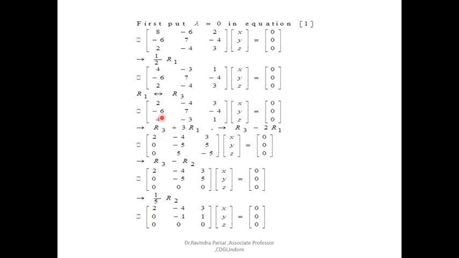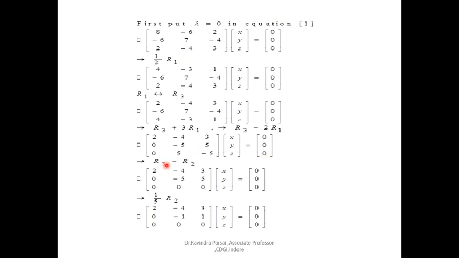Now our objective is to make the elements below the pivot 0. Using the first row, we apply the elementary row operations R2 plus 3R1 and R3 minus 2R1, and you will get [2, -4, 3; 0, -5, 5; 0, 5, -5] times [x, y, z] equal to [0, 0, 0].